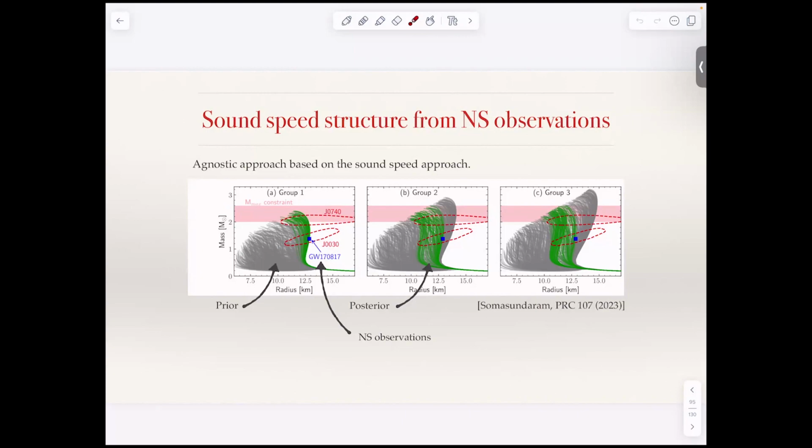They are in green in this plot, against the ones that do not survive these constraints. Okay, is it clear for everybody? Good.